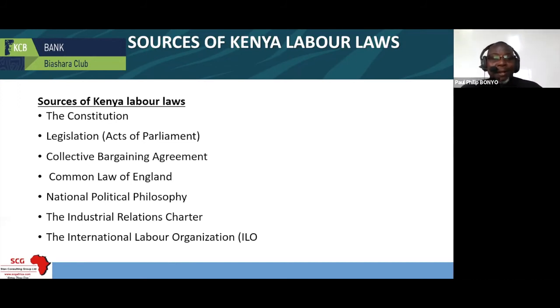This tripartite group normally sits and gives consent to the labor laws we have today. That is why it is also a source of labor laws. The International Labour Organization, an organization to which Kenya is a signatory, also formulates policies that affect the labor laws that we have.